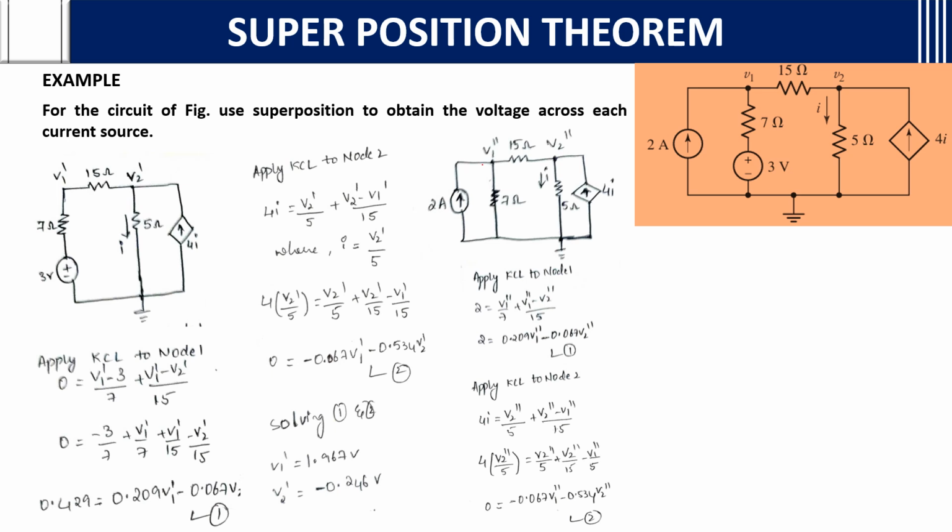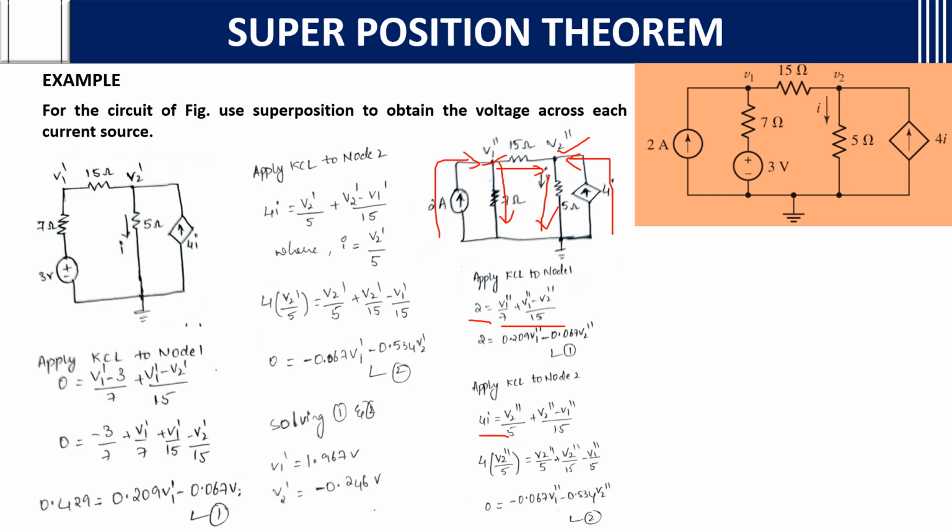Apply KCL to node 1. There is a current going toward the node, so the summation of incoming currents equals the summation of outgoing currents. The outgoing currents are V1 double dash by 7 and V1 double dash minus V2 double dash by 15. You will get the first equation. Then applying KCL to node 2, there is an incoming current 4i, equal to the outgoing V2 double dash by 5 and V2 double dash minus V1 double dash by 15.